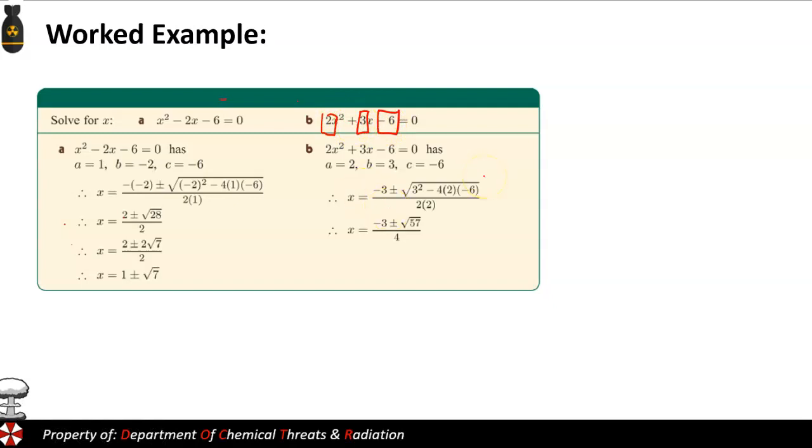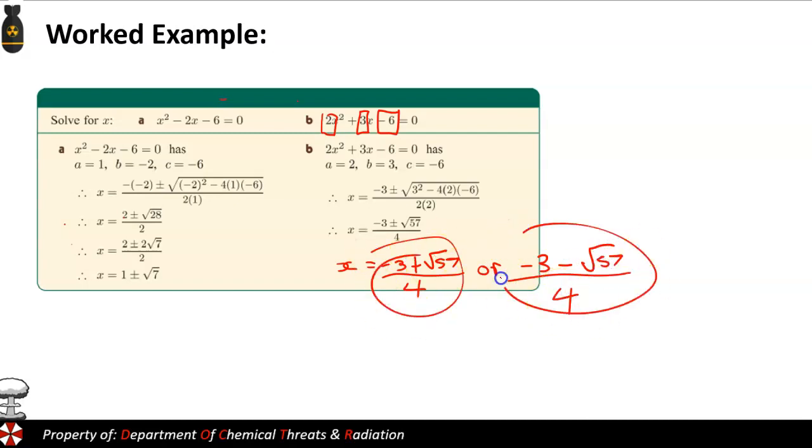Sub everything in. We get minus 3 plus or minus root 57 on 4. That means we've got two options. We've either got x equals minus 3 plus root 57 on 4, or minus 3 minus root 57 on 4. So we've got those two solutions to the equation.